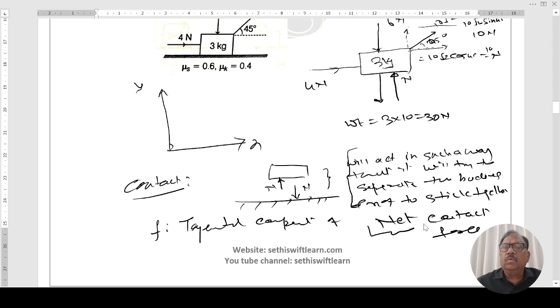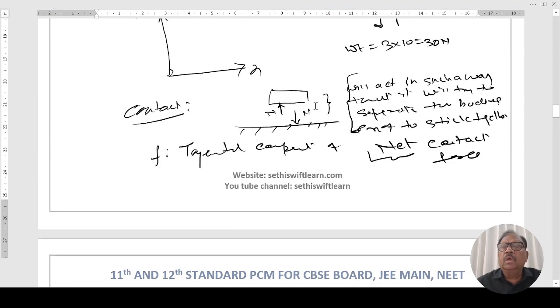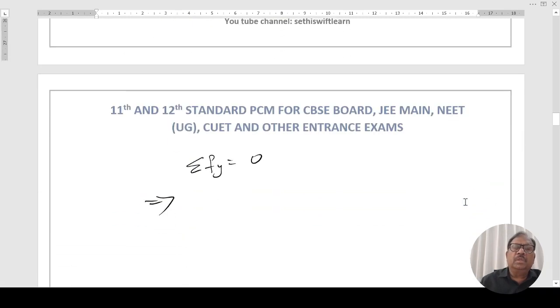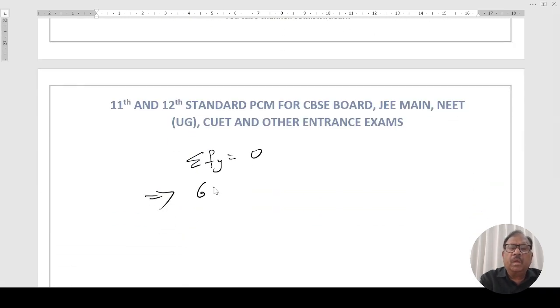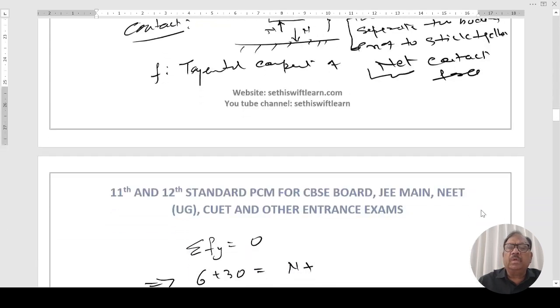Now, according to summation Fy equal to 0, upward force equals downward force. 6 plus 30 equals N plus 10, the upward force is 10.